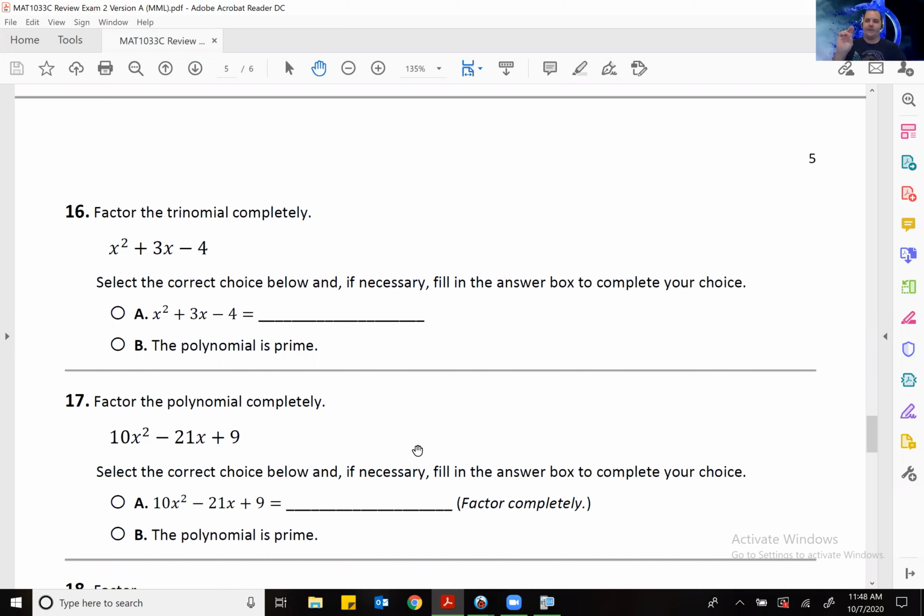Then underneath that method, there are 2 other ones, the box and slide and divide. Most professors teach AC and slide and divide. So those are going to be the 2 methods I show on this. So let's start with the AC method.